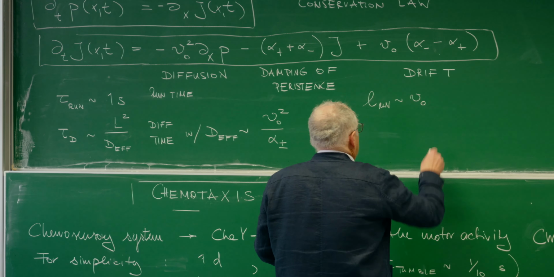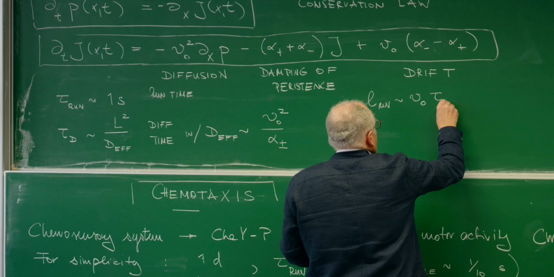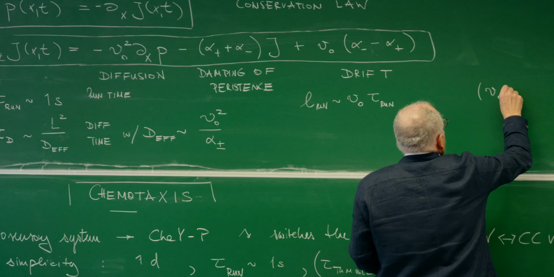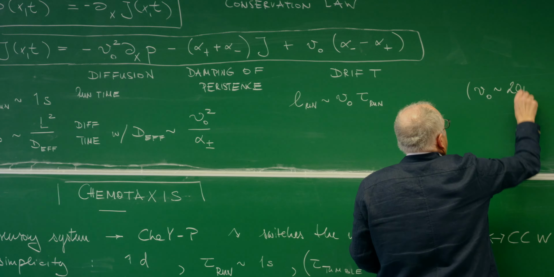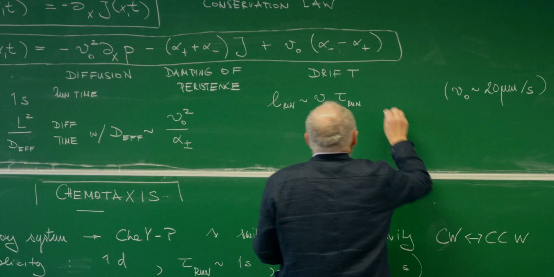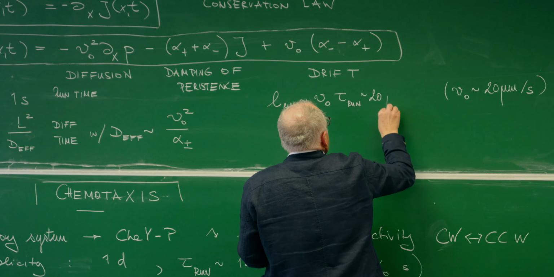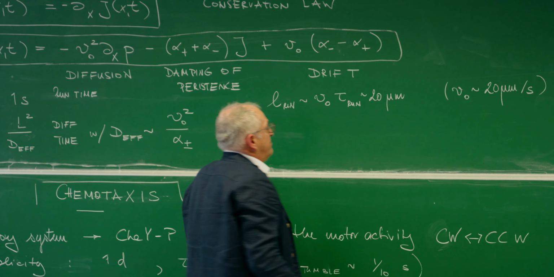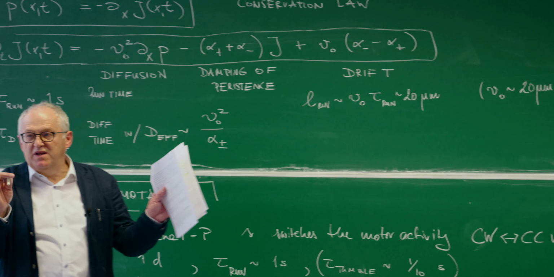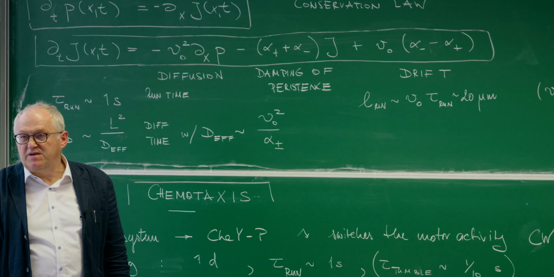So V naught times tau run, because that you can measure, the velocity is something like 20 micrometer per second. This will be of the order of 20 micrometer. That means during a run, the bacteria will typically run 20 micrometer.